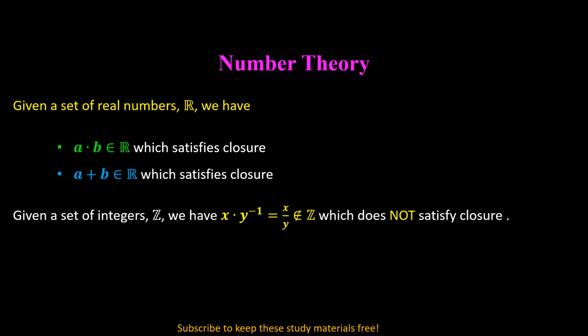And I multiply it times 1 over y, which is a fraction. When I multiply those, I no longer have an integer. I have a fraction, which is a real number, but it isn't an integer. It's just a form of real number. And this will not satisfy closure.